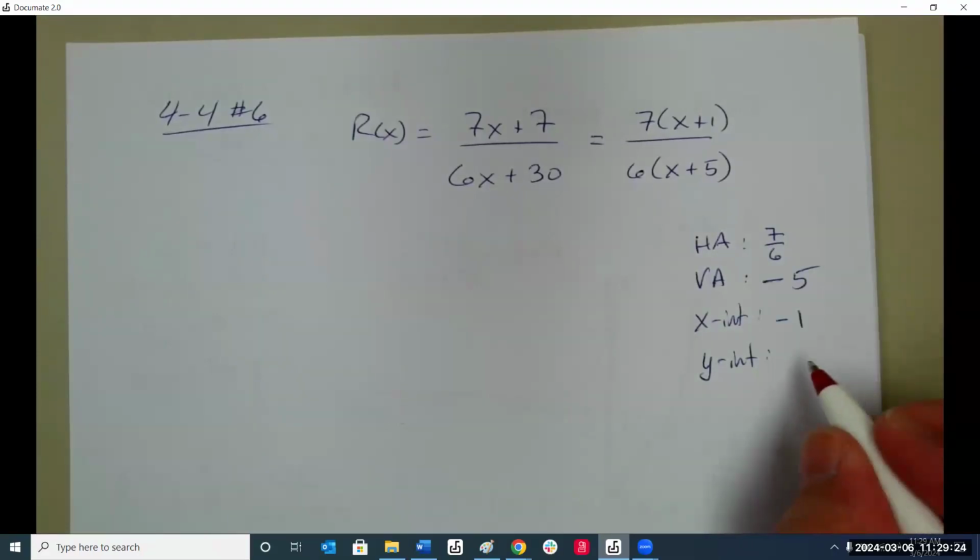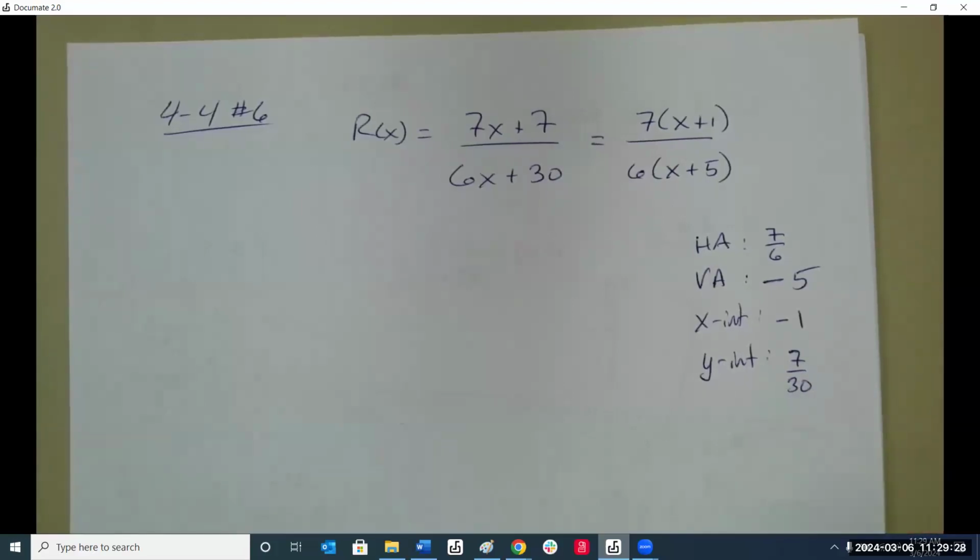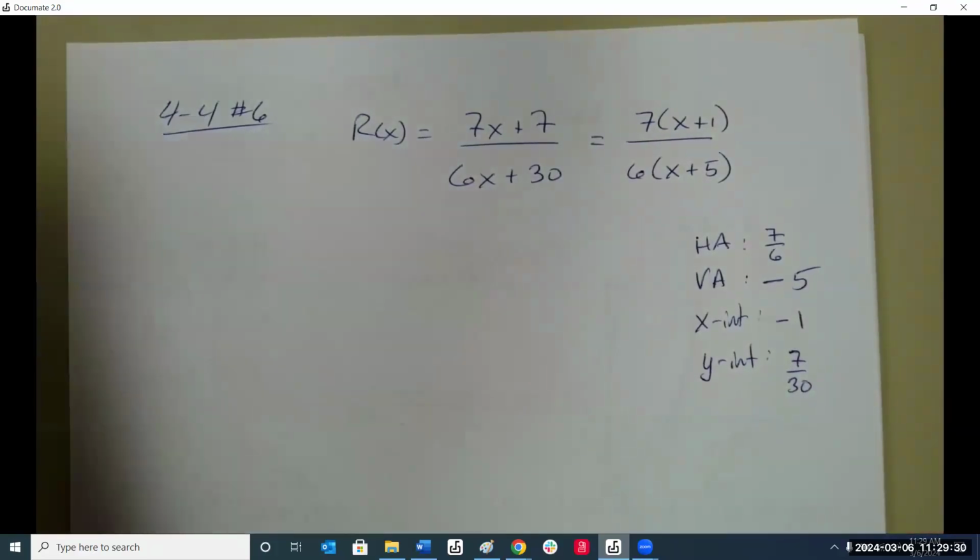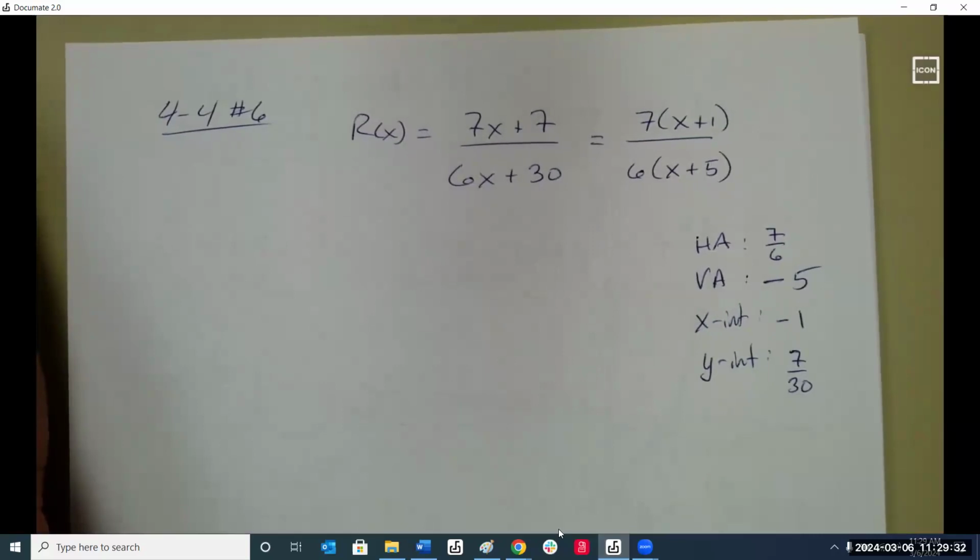And the y-intercept is at 7/30. That's setting the top equal to 0. Right, because to find the x-intercept, set y equals 0. The only way for a fraction to be 0 is if the top is 0. And then for the y-intercept, set all your x's equal to 0. It's just the constants.